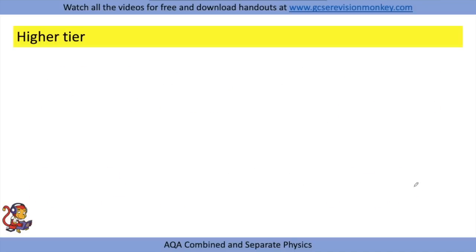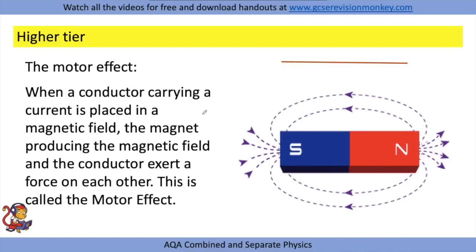A little bit on the motor effect for higher tier. When a conductor carrying a current is placed inside a magnetic field, the magnet producing the magnetic field and the conductor exert a force on each other. This is called the motor effect.